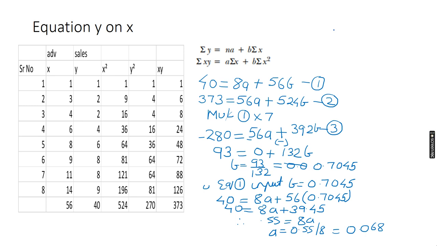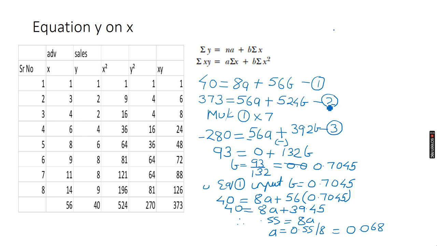I will recap. To calculate, you need some values like summation y, n, summation x, summation xy, and summation x square. So in your table, you would find x square, y square, and xy, and take a sum total of that. Once you input in the equation, you would be able to form two equations, equation 1 and equation 2.